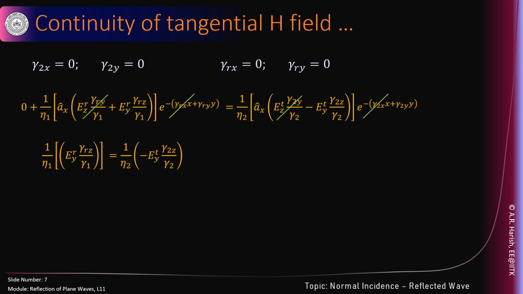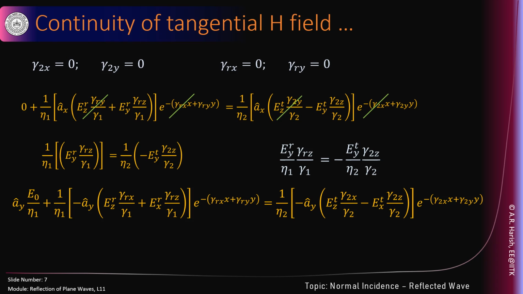What we are left with is 1 upon eta 1, ery, gamma rz by gamma 1 equal to 1 upon eta 2 minus ety, gamma 2z by gamma 2. That's it, nothing else. You could rewrite this as ery upon eta 1 times gamma rz by gamma 1 equals minus ety upon eta 2 gamma 2z by gamma 2. We'll use it later.